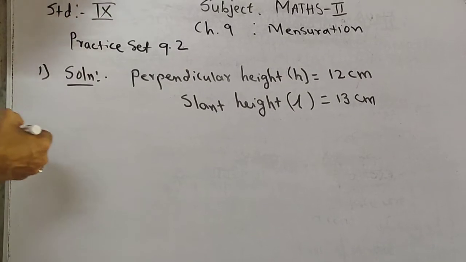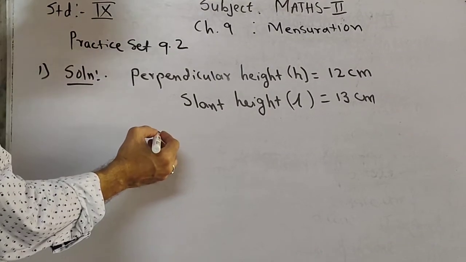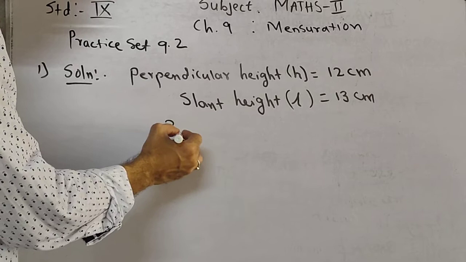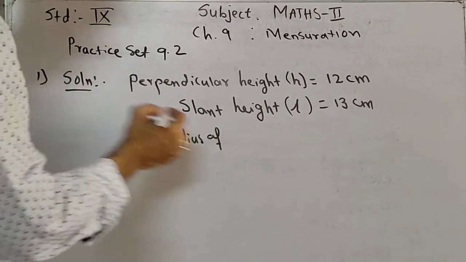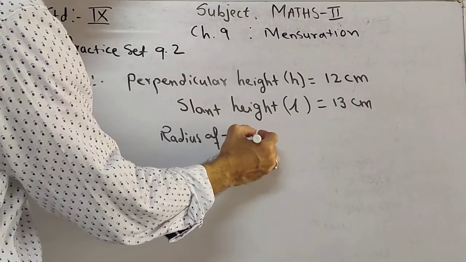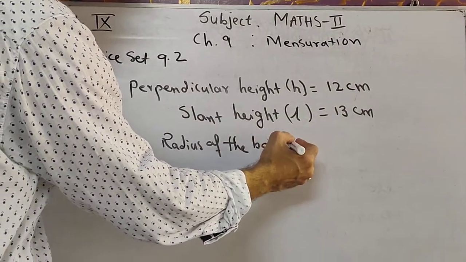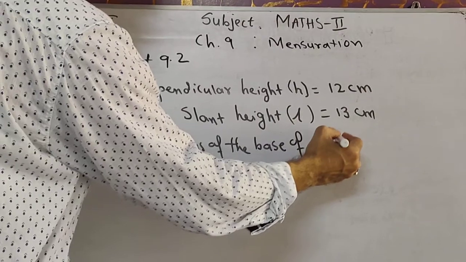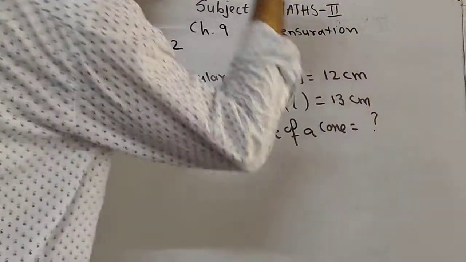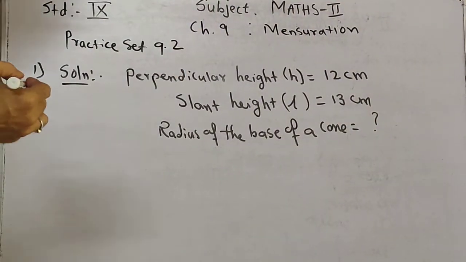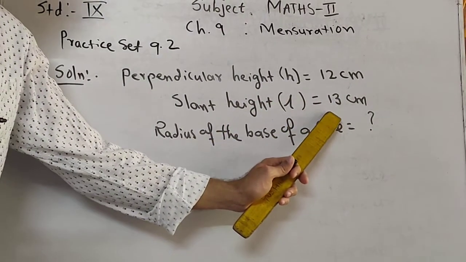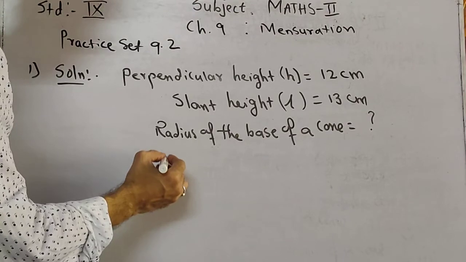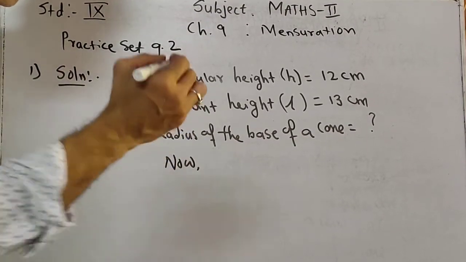And you have to find the radius of the base of a cone. You have to find the radius. Perpendicular height is given as 12 centimeters, slant height is given as 13 centimeters. So which formula you will use, you might have understood.